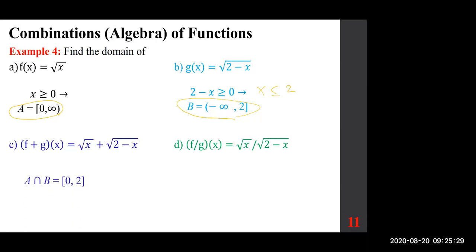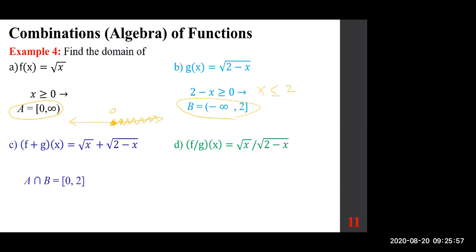The intersection goes from 0 to 2. If it helps, you can graph this one, class. This is 0 to infinity. That would be the answer for this point.